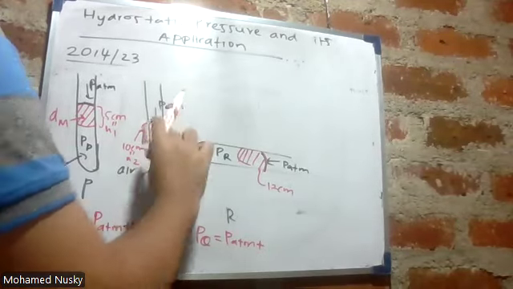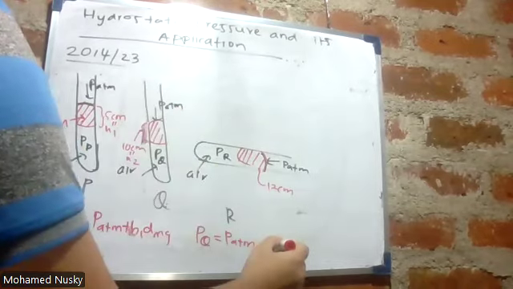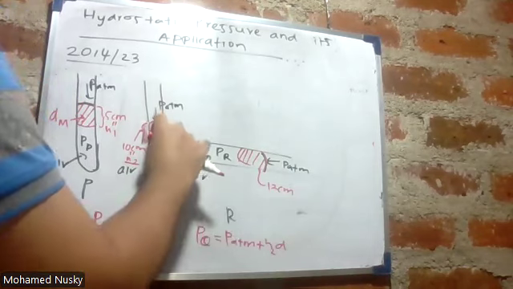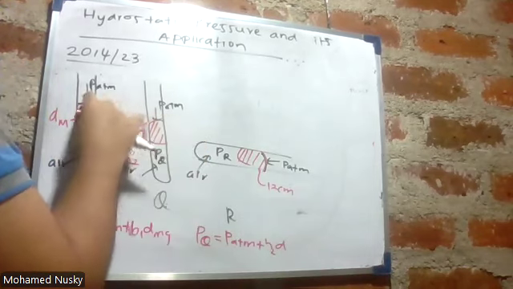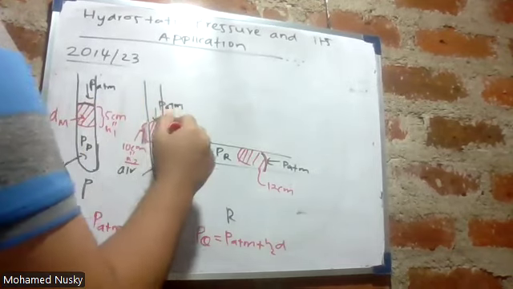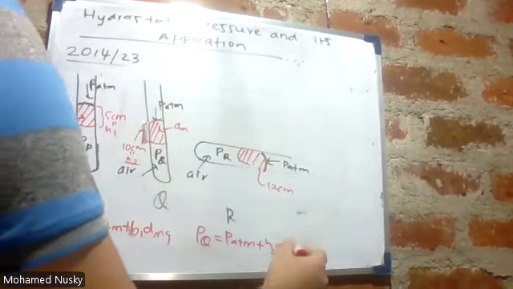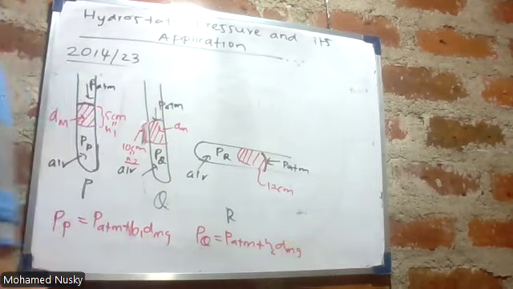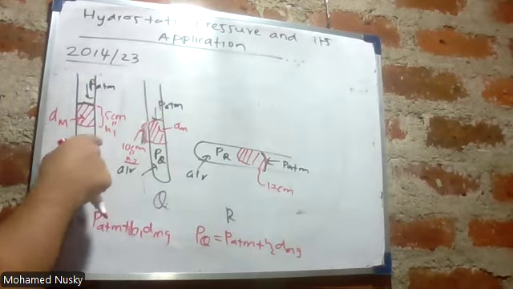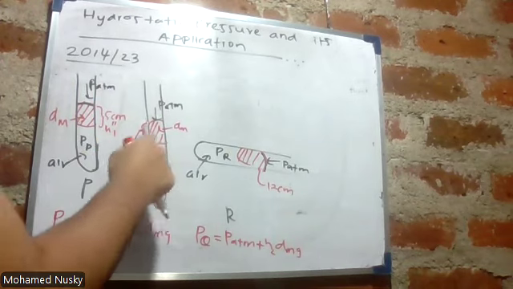Here, PATM plus H2 dmg, right? This is the height. H2, the same liquid is present, the same mercury is present. Here also mercury, here also mercury. Here the density is dm, here also the density is dm. So you know the pressure at P, here the empty space in the air, and the pressure here.